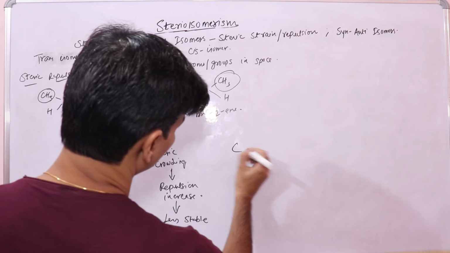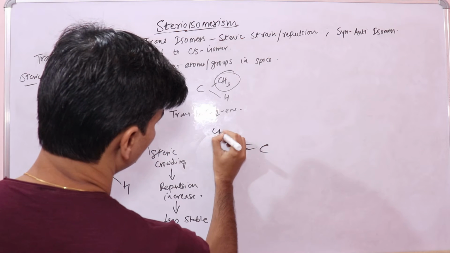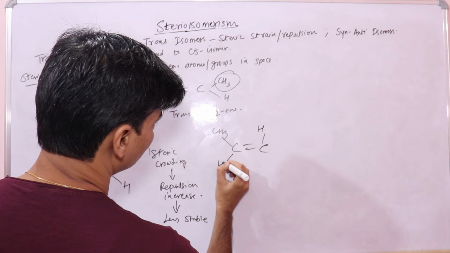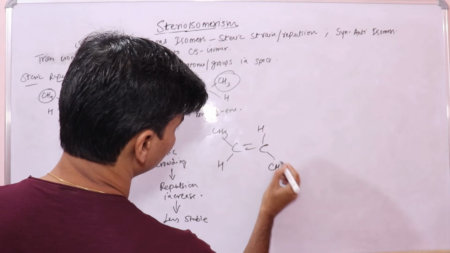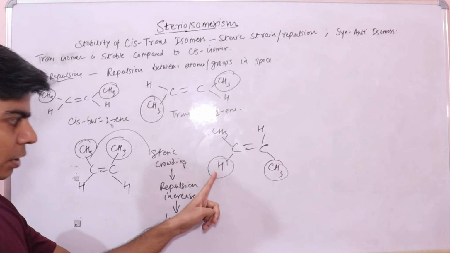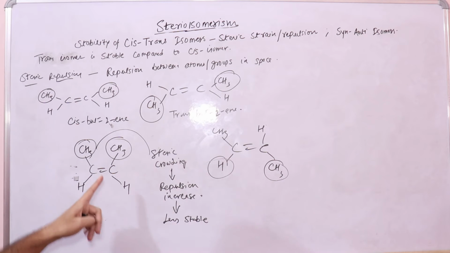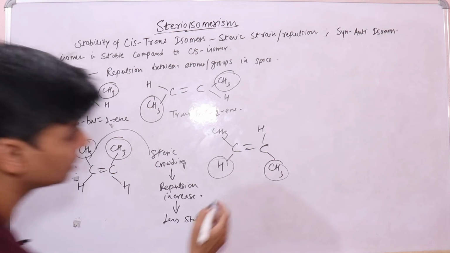If you look at trans-butene, you can see here you have a smaller group, here you have a bigger group. So steric crowding is less compared to the cis form.